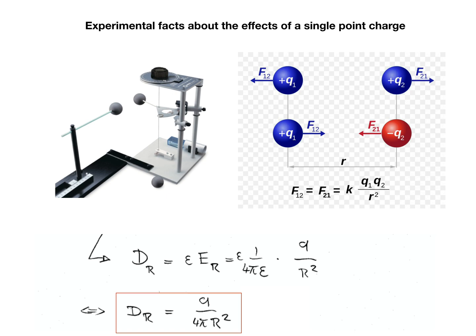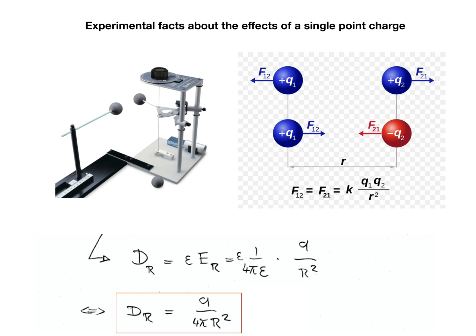Observations with the torsion scale, as shown on the left, tell us that the electric field is proportional to the magnitude of the charge, and it is inversely proportional to the square of the distance from that source charge. This means the radial component of the vector field D_r, which is equal to the permittivity constant times E_r, is proportional to charge divided by distance squared, r squared.